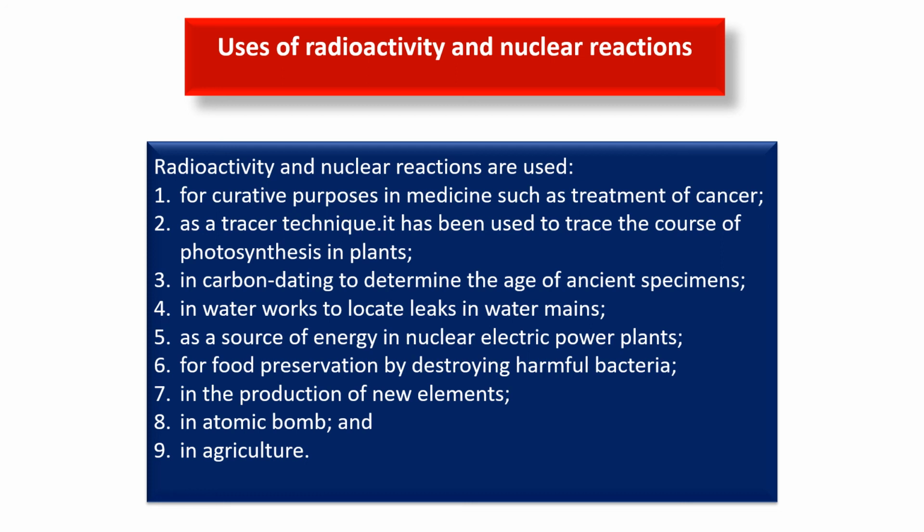And it is also used in atomic bombs. And lastly, radioactivity is very useful in agriculture, either for boosting crop production or for killing bacteria and all of that. These are the uses of radioactivity and nuclear reactions.